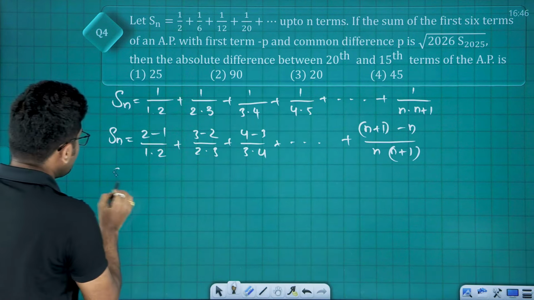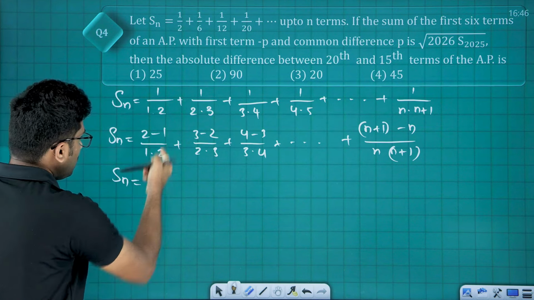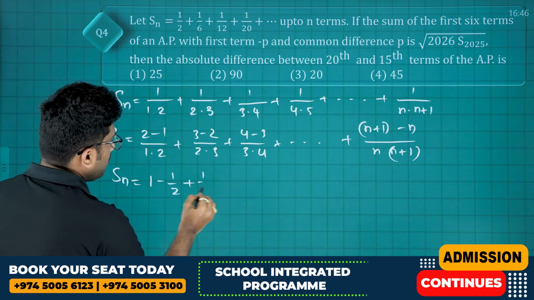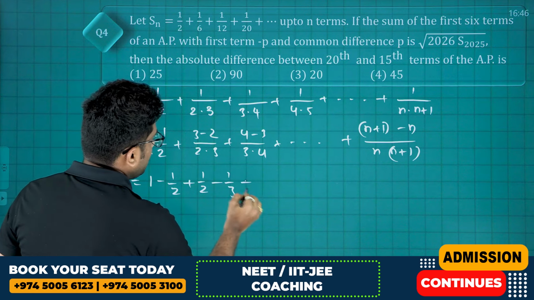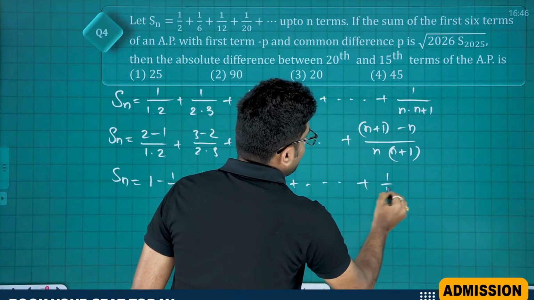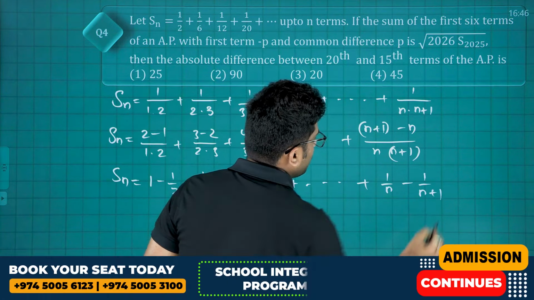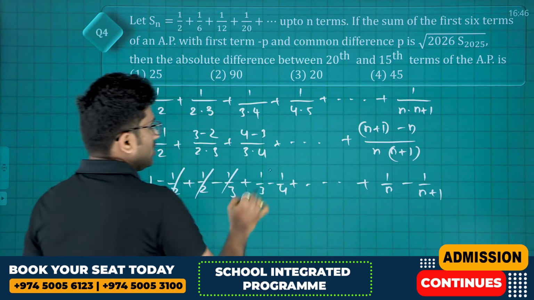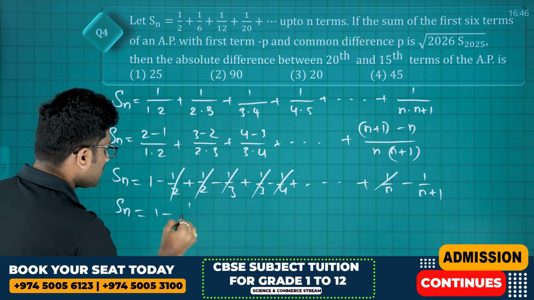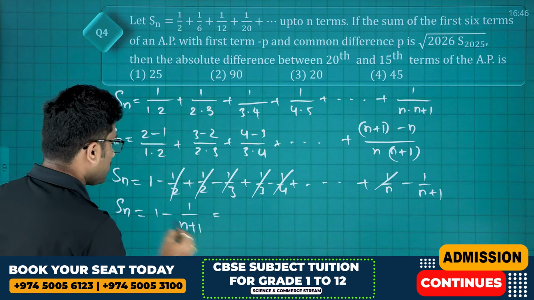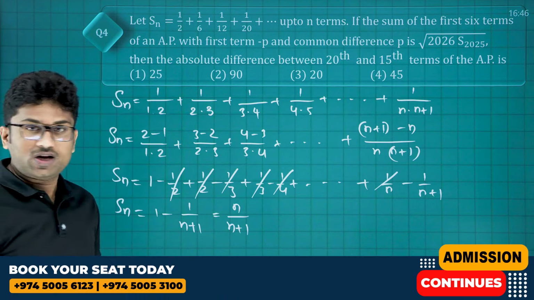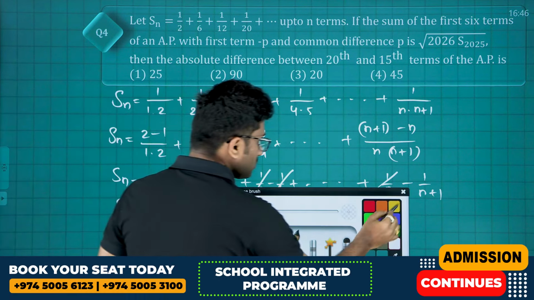So in that case, you will get Sn is equal to 1 minus 1 by 2 plus 1 by 2 minus 1 by 3, plus 1 by 3 minus 1 by 4, and so on, up to 1 by n minus 1 by n plus 1. See this, friends? So Sn is equal to 1 minus 1 by n plus 1, which is equal to n plus 1 minus 1, that is n divided by n plus 1. Okay, so we have got Sn now.